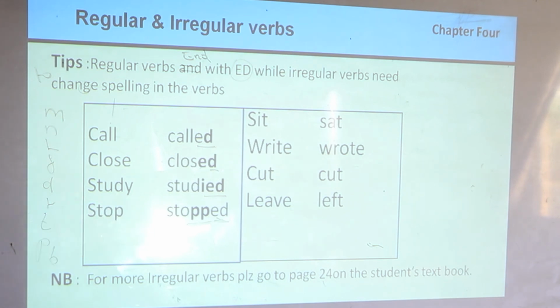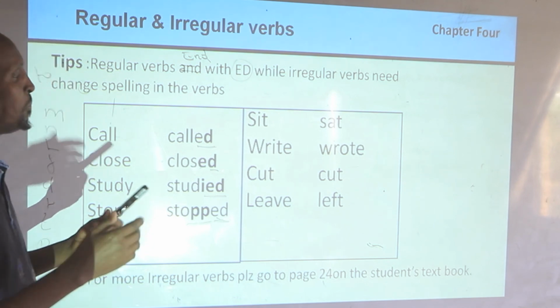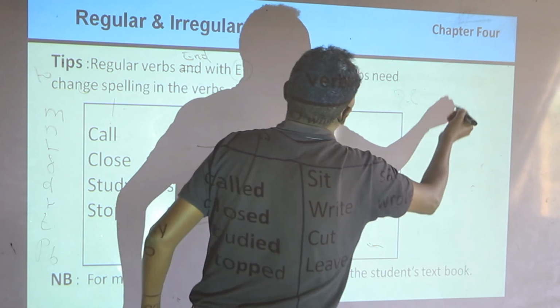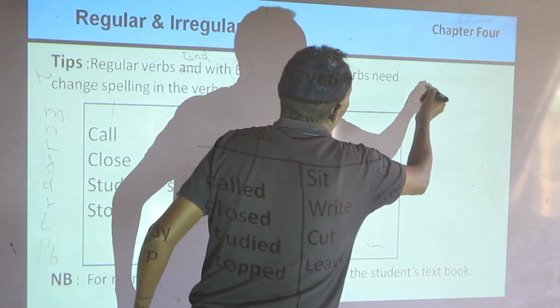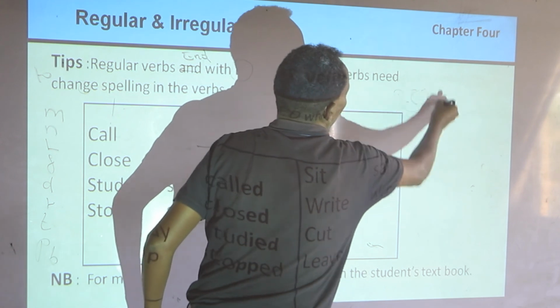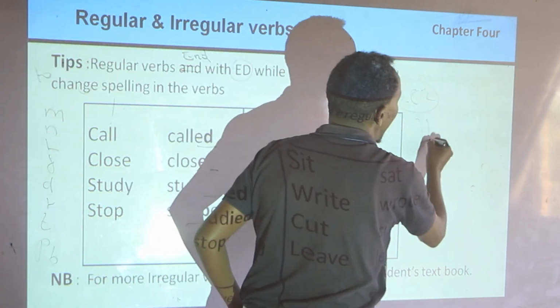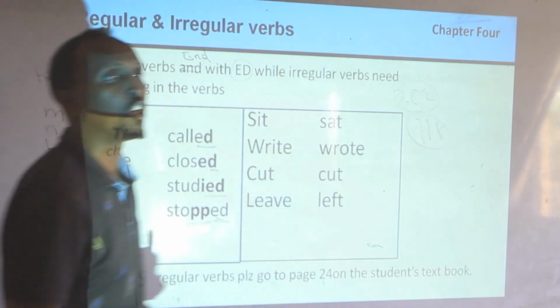But irregular verbs are almost 280 or 285 in number, though only 118 are mainly used.